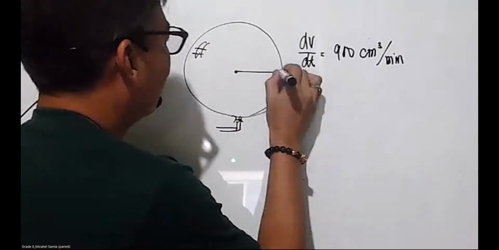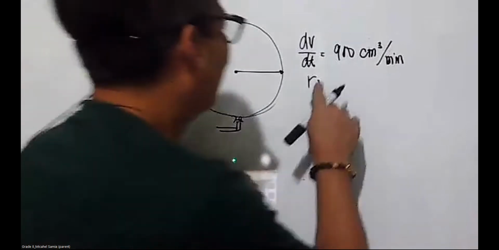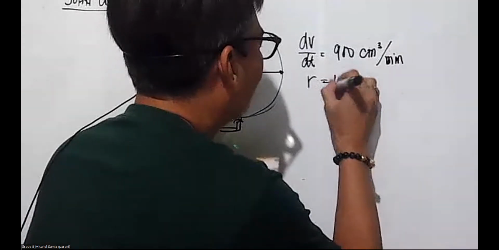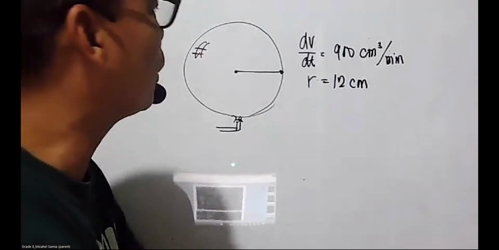We're also given the radius. Assuming this is the center, we're given the radius of 12 centimeters. So we're putting air in, it's inflating at the rate of 900 cubic centimeters per minute.